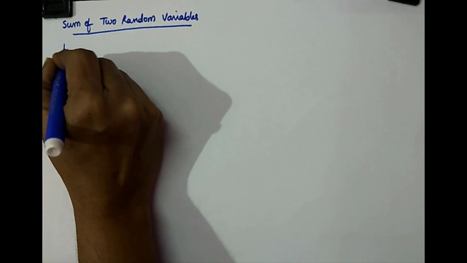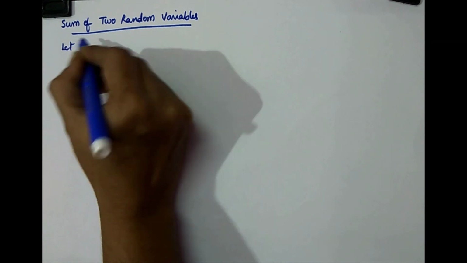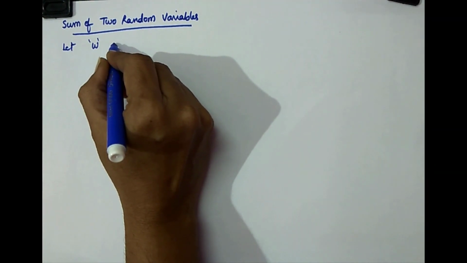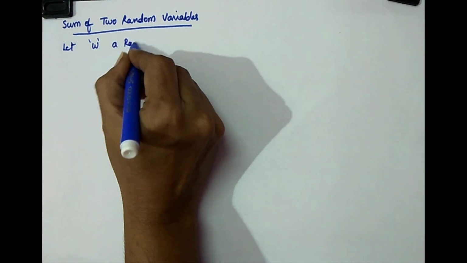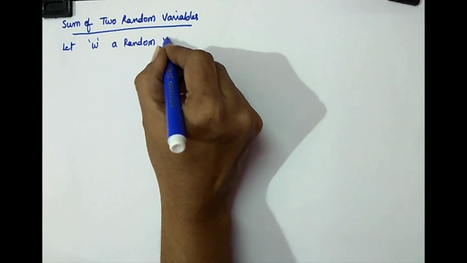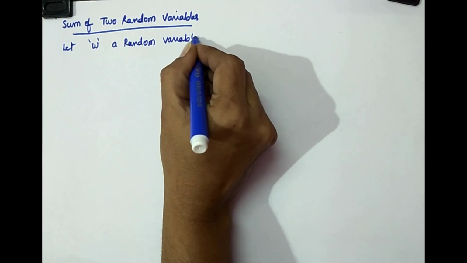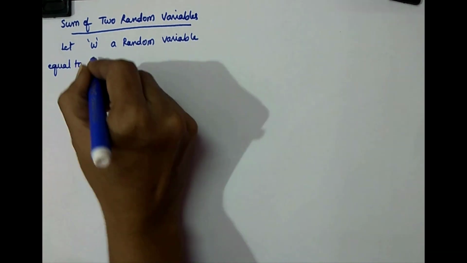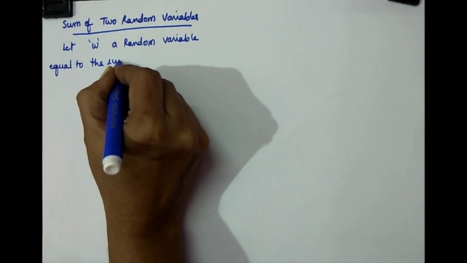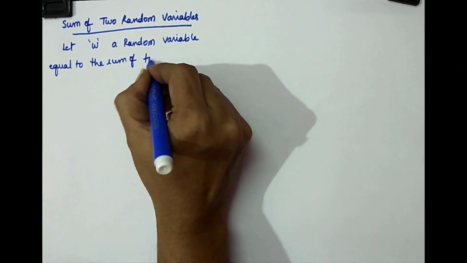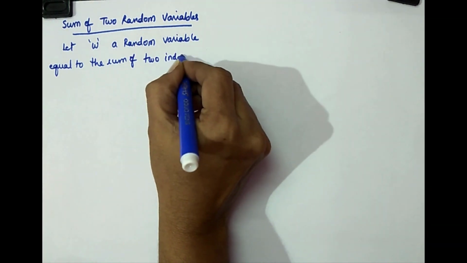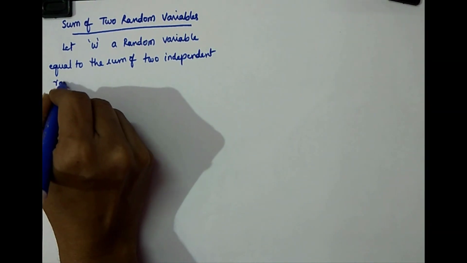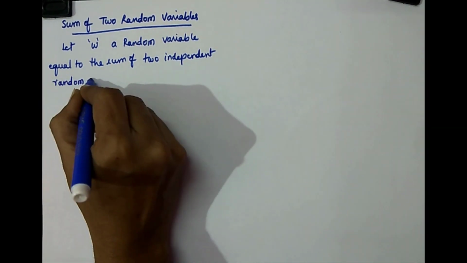Let W be a random variable equal to the sum of two independent random variables.